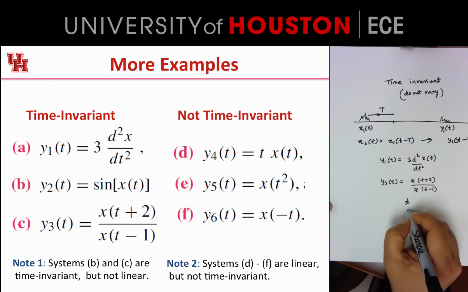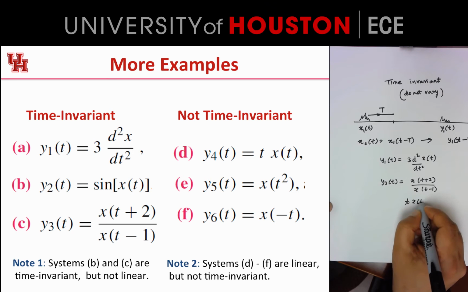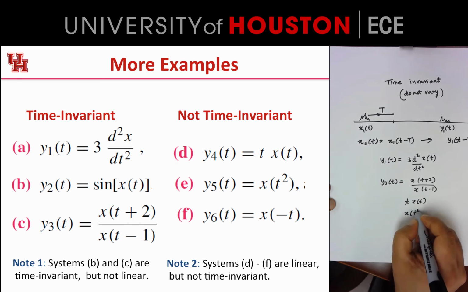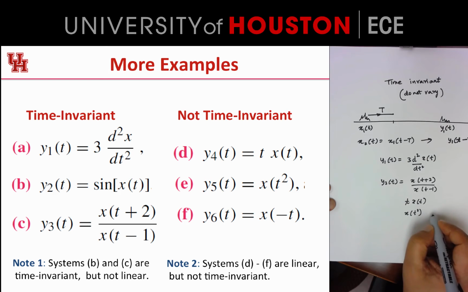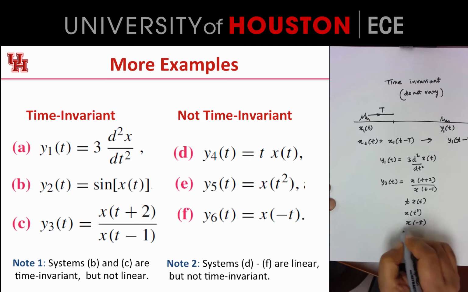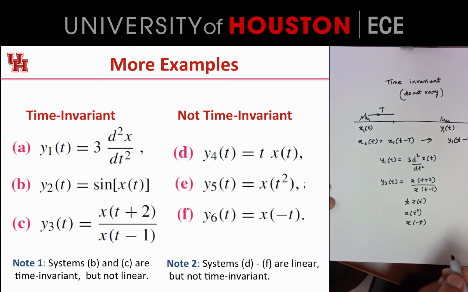So it's not time invariant anymore. So it's t times x of t. Or if you have something like x of t squared, then the actual value of time matters, so just shifting the input will not cause the same thing. Now in the third case, x of minus t, it matters even more because it's actually flipping it in time. It's a time reversal. So it's no longer time invariant.